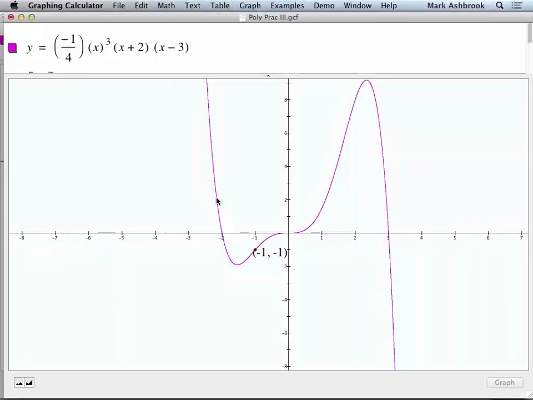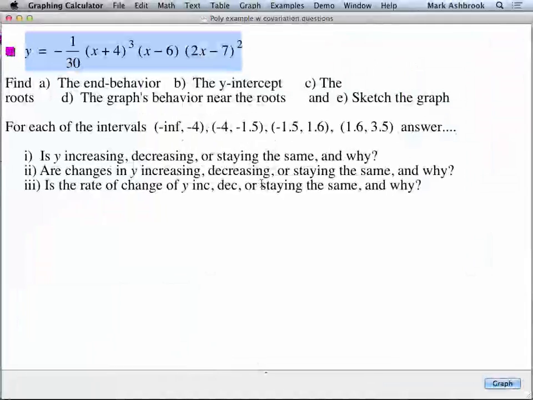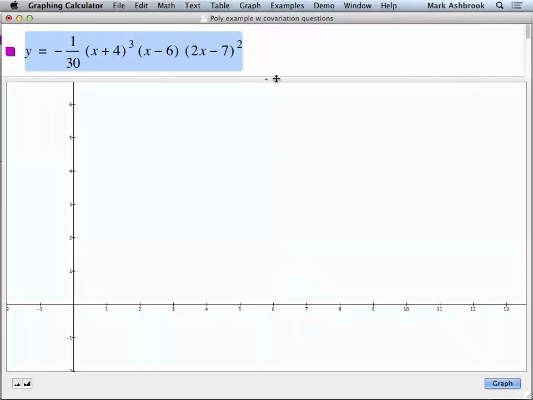Okay, cool. So again, no graphing calculators. Where's this last one? This one. Put it all together, and without your graphing calculator, see if you can make a good sketch of this graph. So, let's list our 4 things.